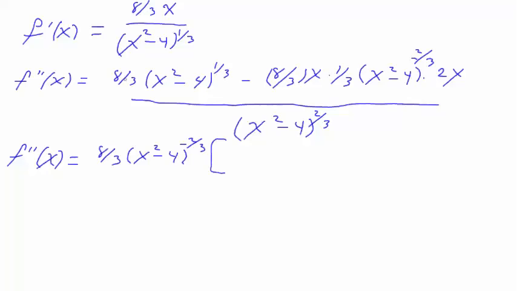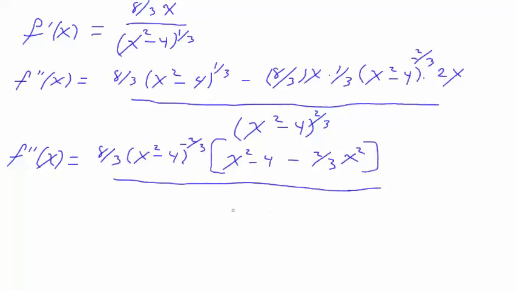And so we're going to be left with x squared minus 4 minus, now we pulled out this 8/3, we're going to be left with a 2/3 x squared, right? We pulled all of that out. Okay, that's what we're left with. Alright, and then this is all over x squared minus 4. I'm trying to write neat. Raised to the 2/3 power.